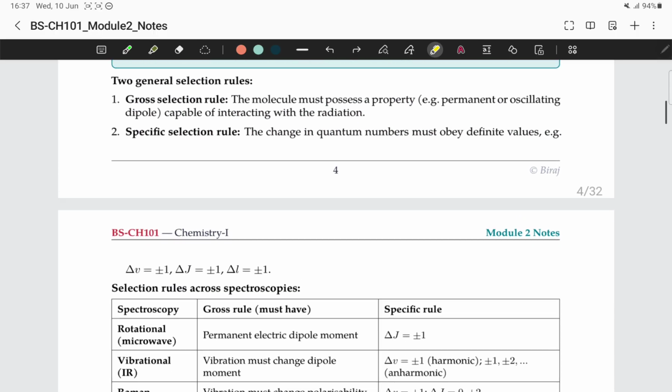Generally there are the gross selection rule and the specific selection rule. In the gross selection rule, the molecule must possess a permanent or oscillating dipole capable of interacting with radiation. In the specific selection rule, the change in quantum numbers must obey definite values.